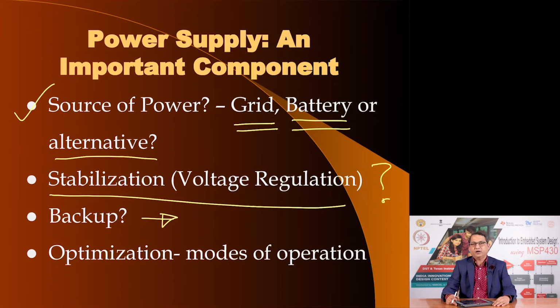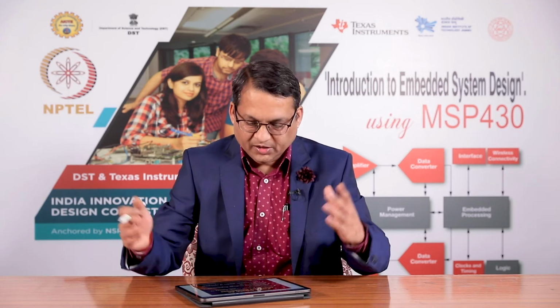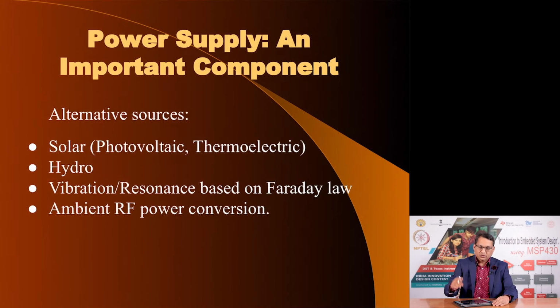This is very important in case the primary source of your power is a battery; you would want to optimize its utilization. And so the modes of operation which are dependent on the microcontroller features, as we discussed in the previous lecture, you would want to invoke those modes so as to conserve available power. Let us go to the next slide.